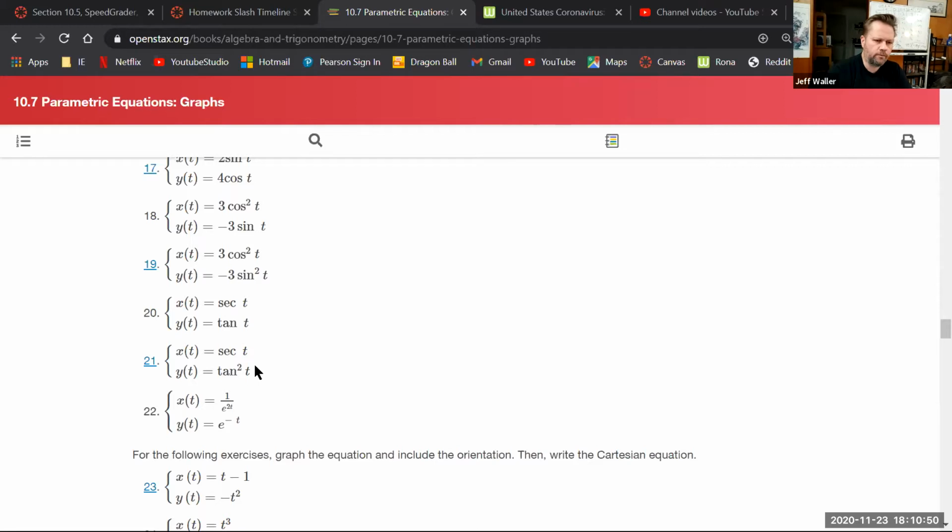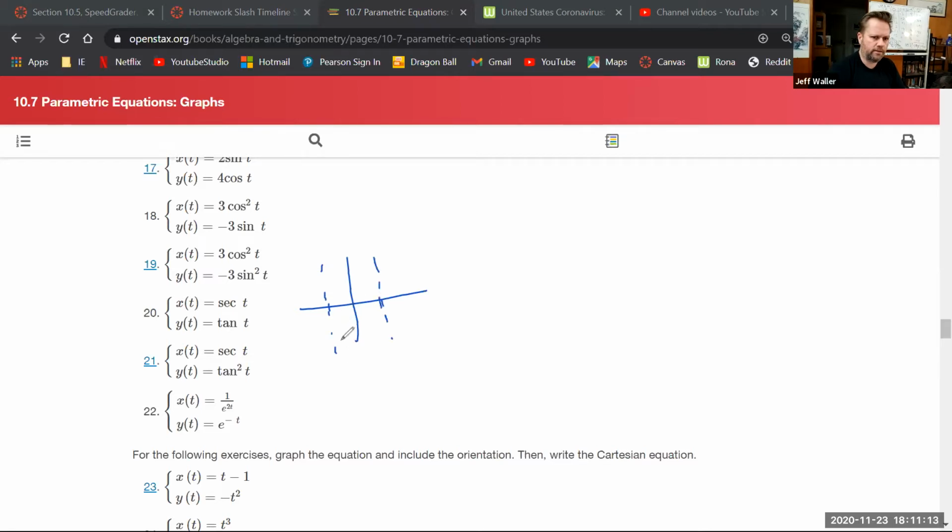But we know that, let me think, how do I say this? Secant and tangent have a very common domain. So tangent, and it's tangent squared, which gets really kind of freaky. Remember, tangent normally looks like a cubic going through here.